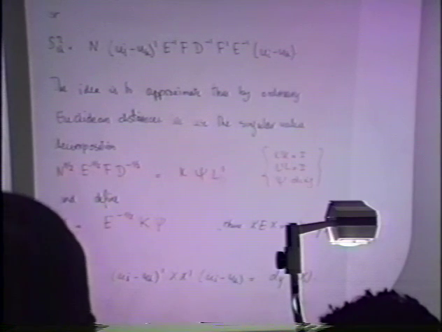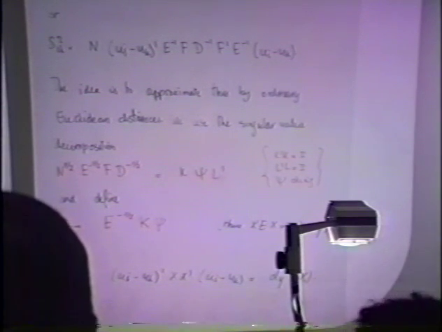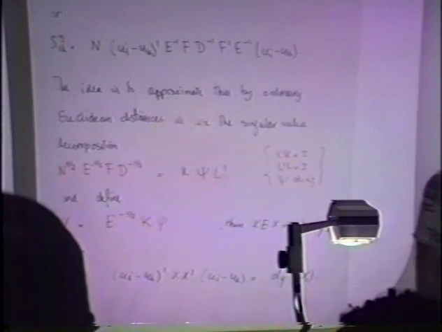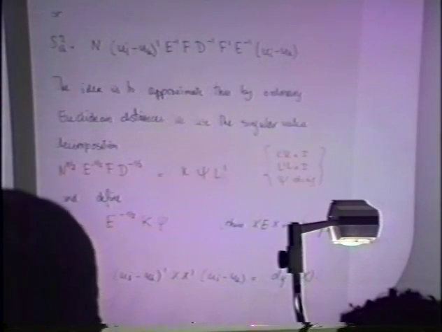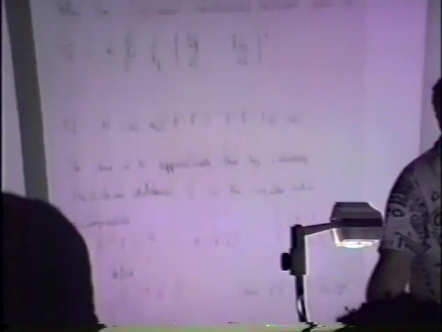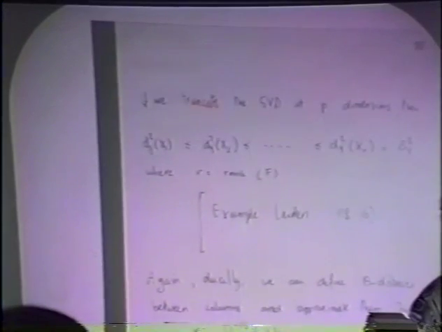And of course it's not specified here how many dimensions this picture has, because it's not specified here what the rank of this matrix F is, or what the number of non-zero singular values is. Usually there will be too many non-zero singular values for a convenient picture, and in that case of course you use a truncated singular value decomposition. You throw away some of the smaller singular values.